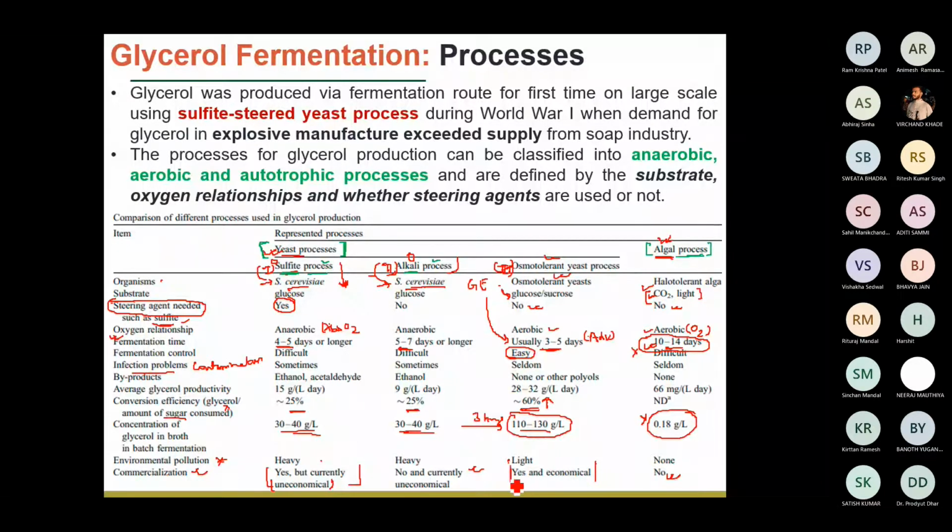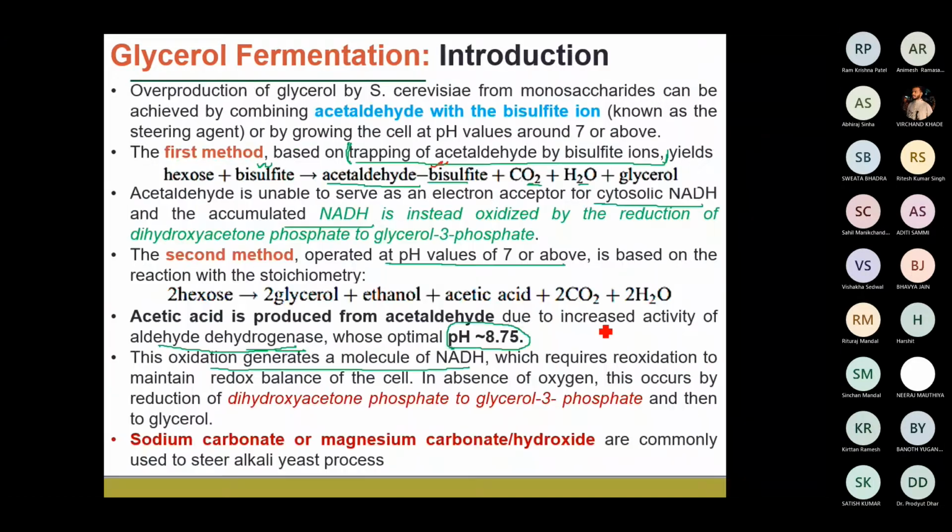Because of this, a shift is taking place in glycerol production towards the microbial fermentation route, in comparison to the chemical processes, because it is economical and cheap, and you can use not only glucose as a substrate, but many different types of substrates, maybe agricultural waste and its derivatives, for the production of glycerol.